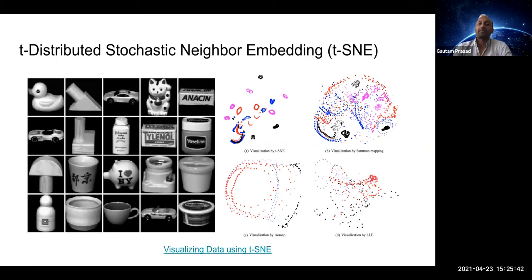And so what that means is it tries to preserve the local relationships in a low dimensional space. So for example, in a high dimensional space, let's say this was a 1,000 dimensional space where for each of the images, we calculated some distance between them. And so maybe images of toy ducks were pretty close, and a duck and a car were very far from one another.